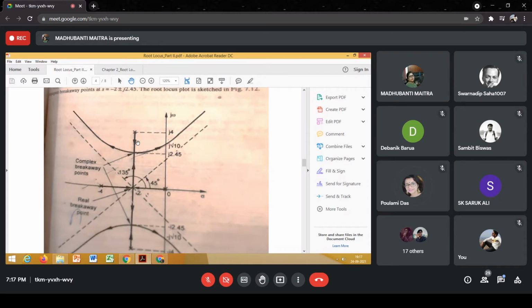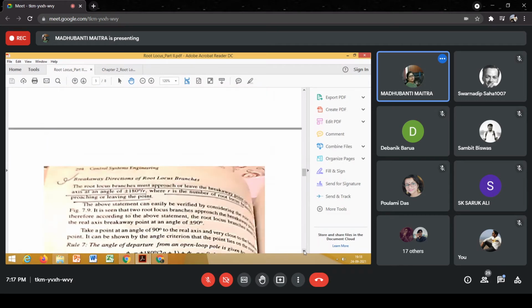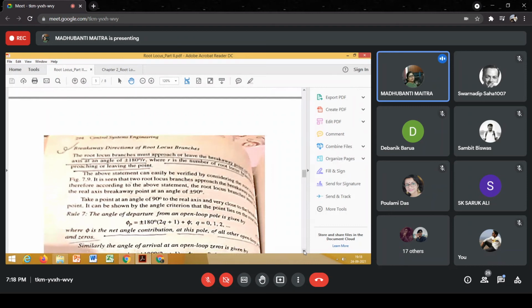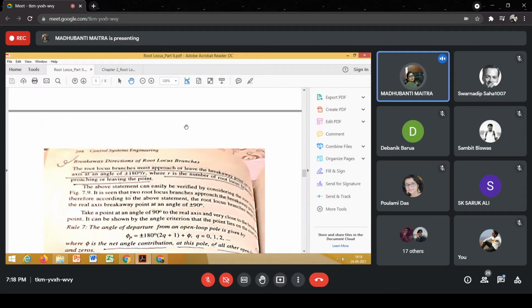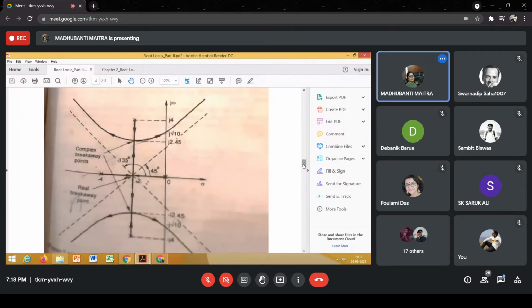Yes, ma'am. So whether the root branch originating from this complex open loop pole will move in this direction, or like this, or like this, how can that be ascertained? Okay, breakaway direction. I forgot to mention this one. In the examples we have discussed, we saw that two root branches were approaching each other, meeting at a point, and after that breaking away.